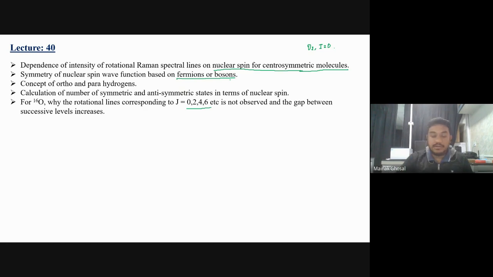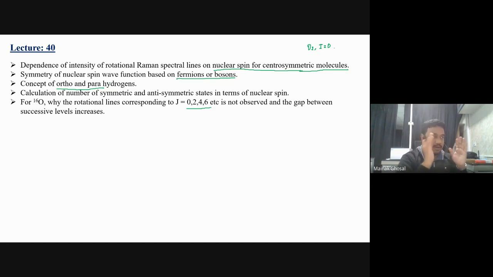Then, using this concept, there was a discussion on ortho and para hydrogen. This ortho and para is not related to organic chemistry. Ortho hydrogen means the nuclear spin wave function is symmetric, and if it is anti-symmetric, then it is called para hydrogen.